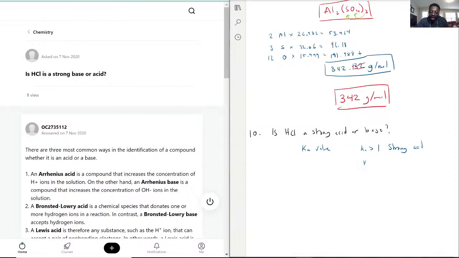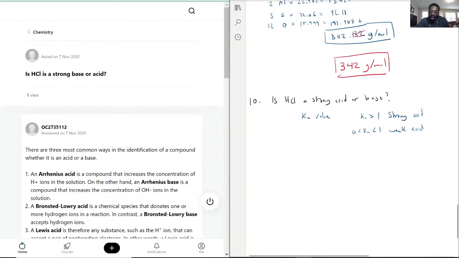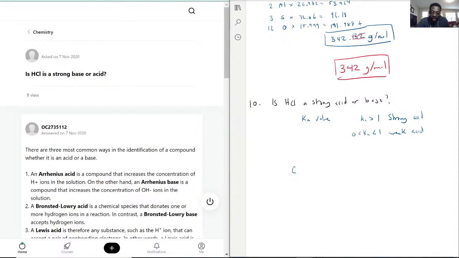And if Ka is less than 1, but still greater than 0, this is a weak acid, okay? So this question is asking if it's a strong acid or a base. We'll get into that, but first we want to see how HCl actually reacts with water. As you see here, we have chlorine relaxing by itself, and then the hydrogen attached to it.